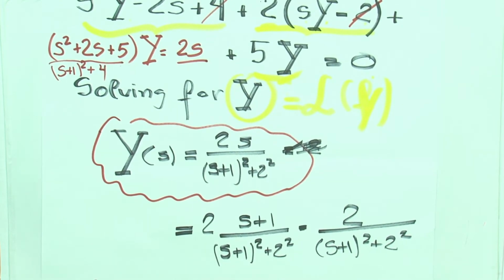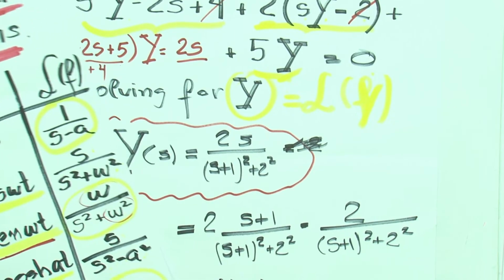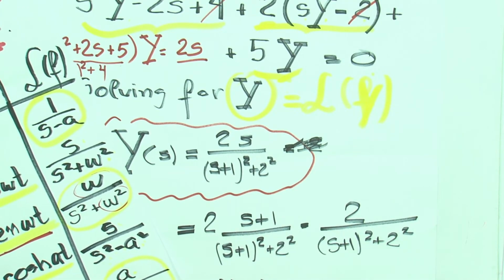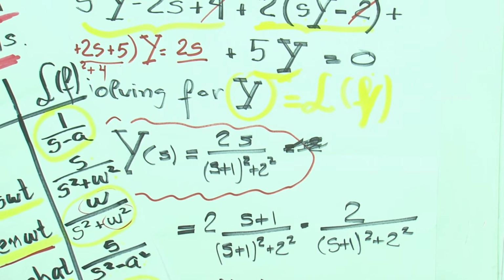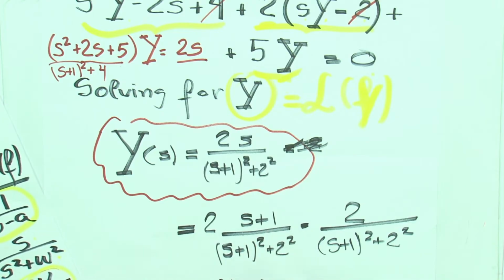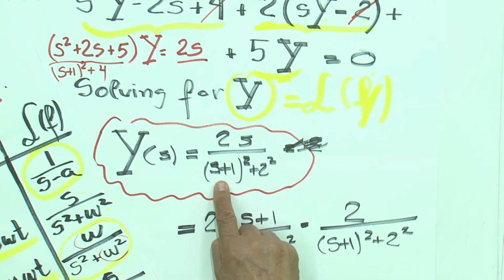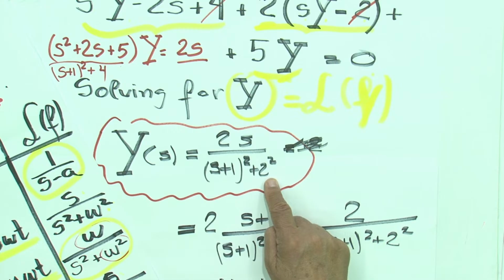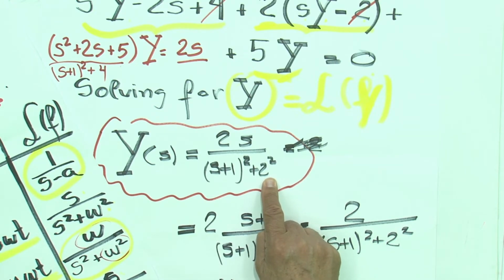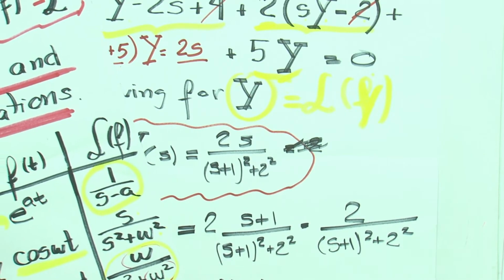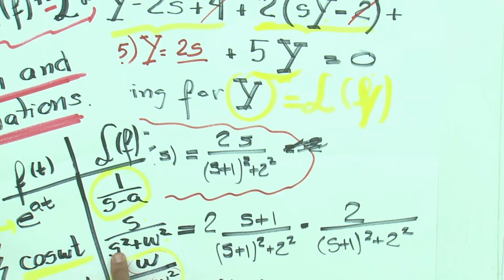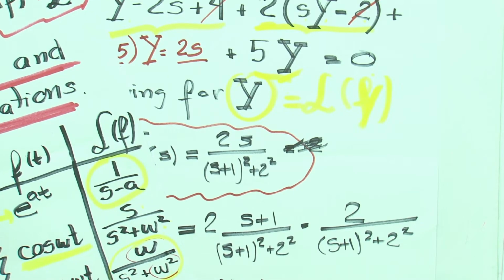And if I look to my table now, do I have s divided by s plus 1 squared plus something squared? Well, this is almost this, but not quite. Here, I have s displaced, s in this case for the cosine.